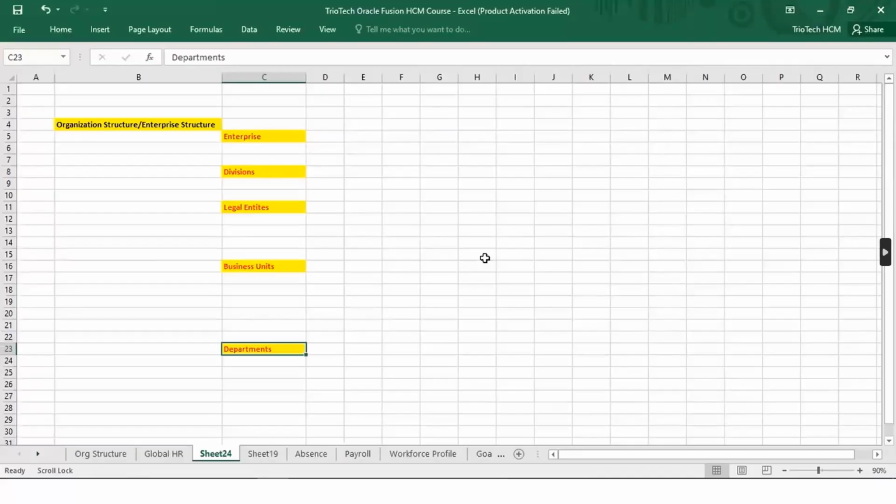So in core HR, the configurations we are going to configure will be all these things. We have to configure the client's organizations in the system: what is their enterprise, how many divisions they have, how many companies they have across the globe, what are the different operational units, what are the different departments.